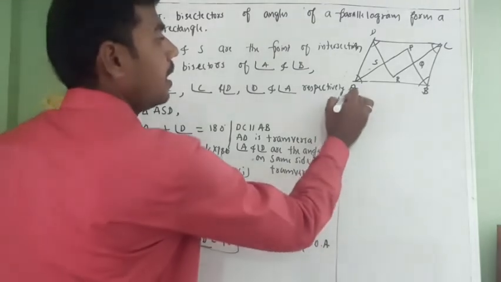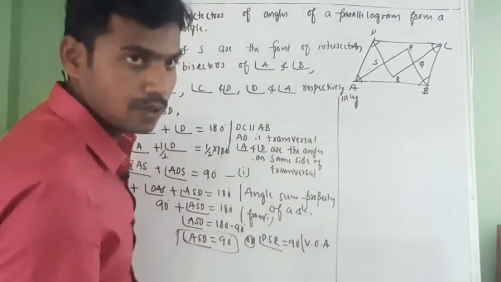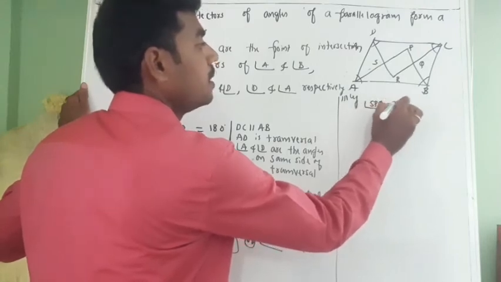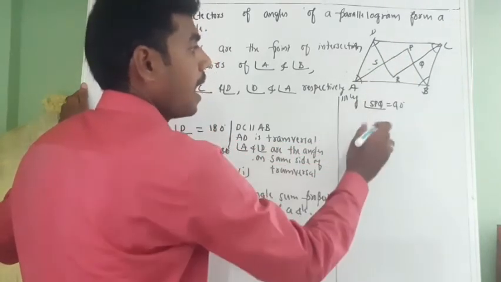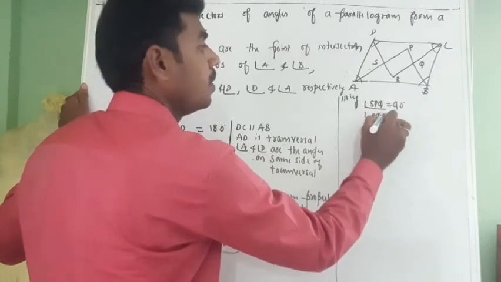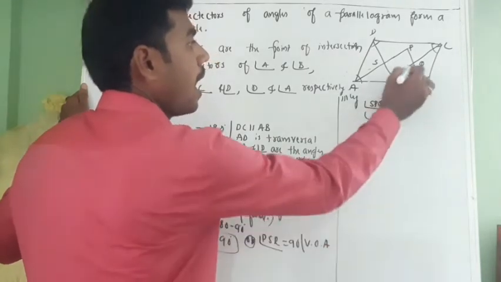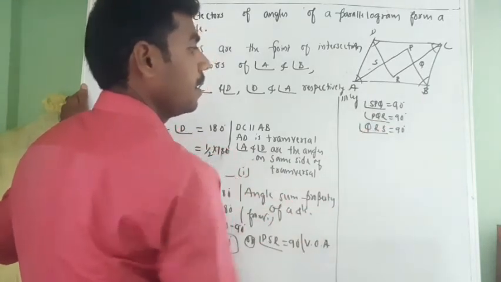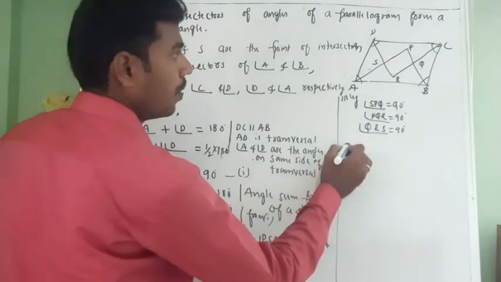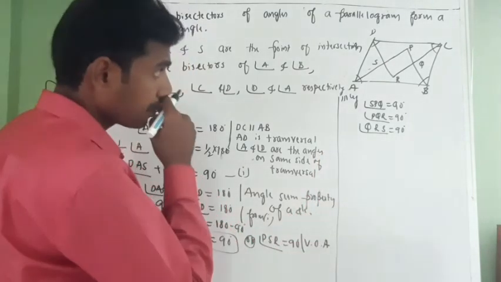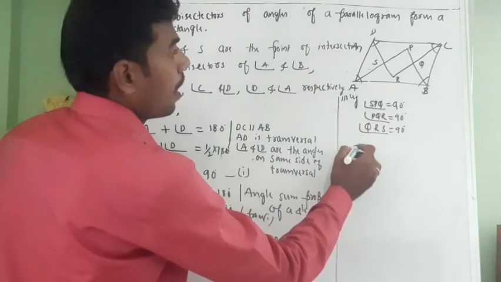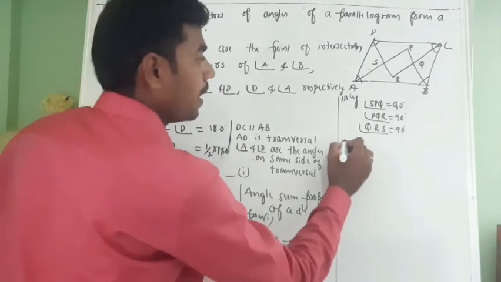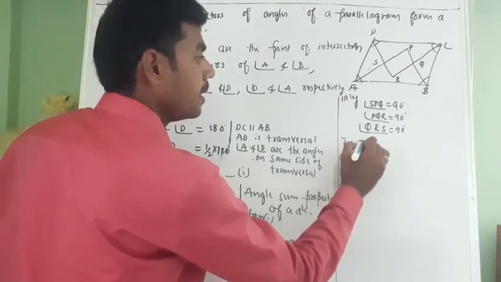So similarly I can show angle SPQ is equal to 90 degrees, angle PQR is equal to 90 degrees and angle QRS is equal to 90 degrees.